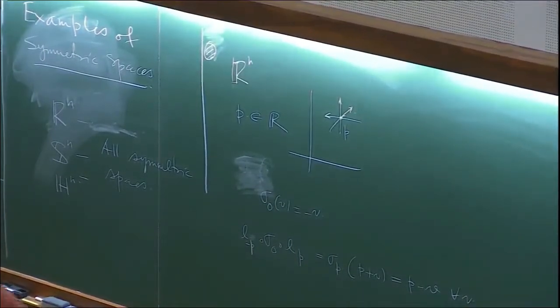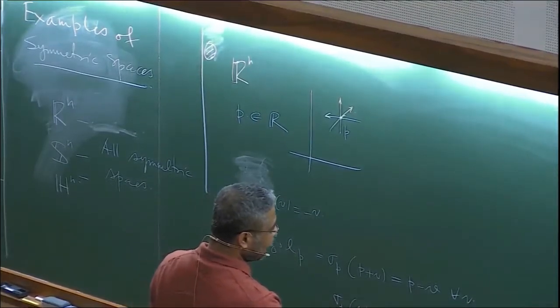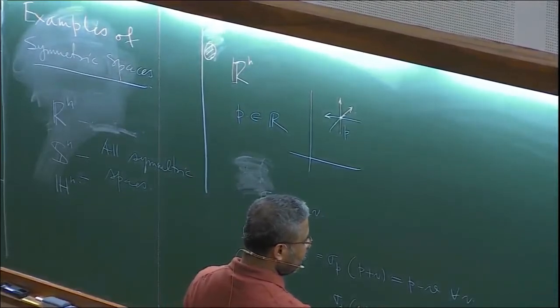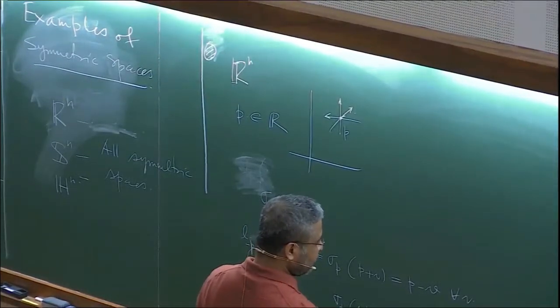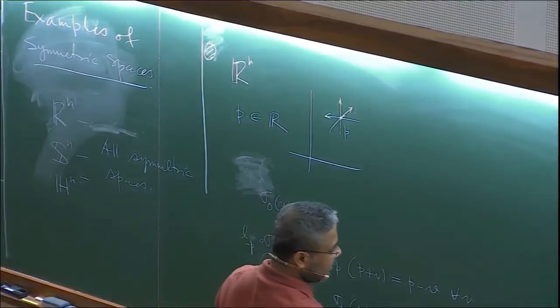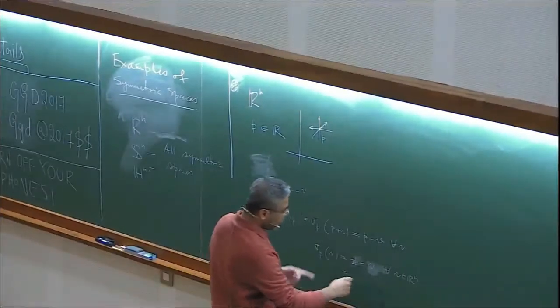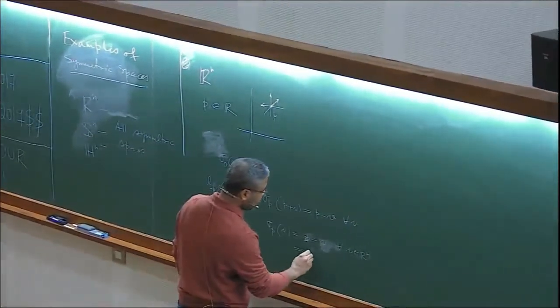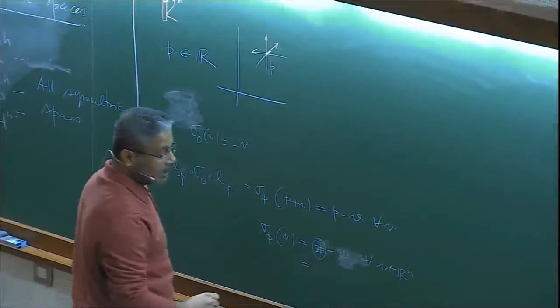And now this is an isometry, because if you write it down, sigma P of V is going to be P minus P plus V... so it is going to be 2P minus V for all V in Rn. And that is going to be a translation along with an element in On: 2P is a translation, and minus V is an element in the orthogonal group.